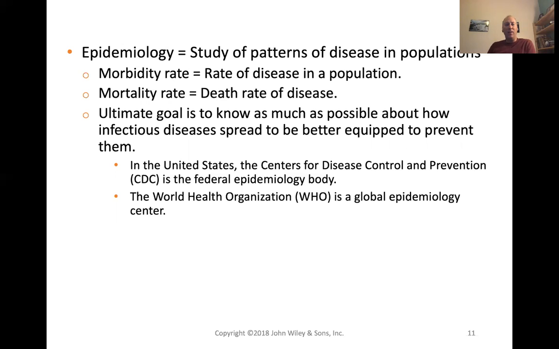Morbidity refers specifically to illness, so asymptomatic patients may not be included in that. There would be something more like an infection rate. But for a lot of diseases, we actually see them based on their symptoms, so that would be morbidity. So morbidity is equivalent to illness. Mortality is equivalent to the death rate of a disease in a population.